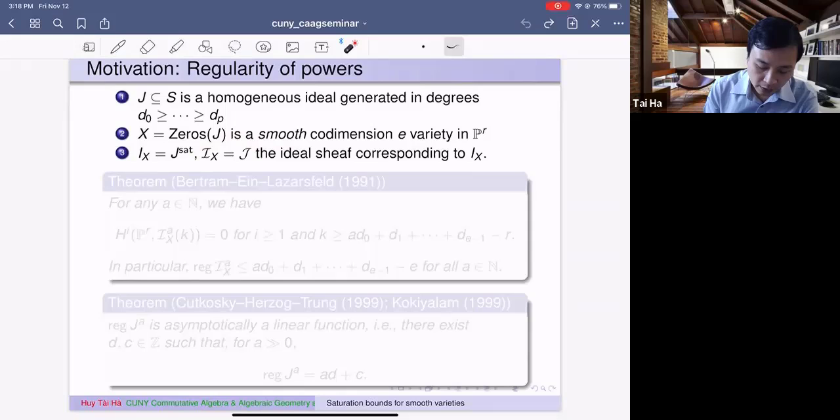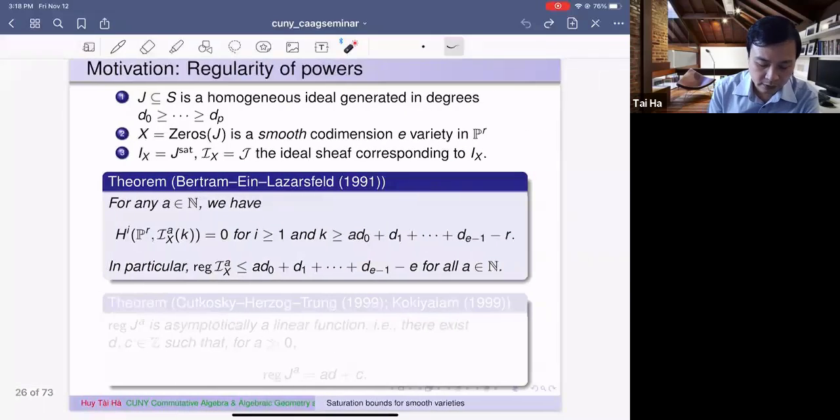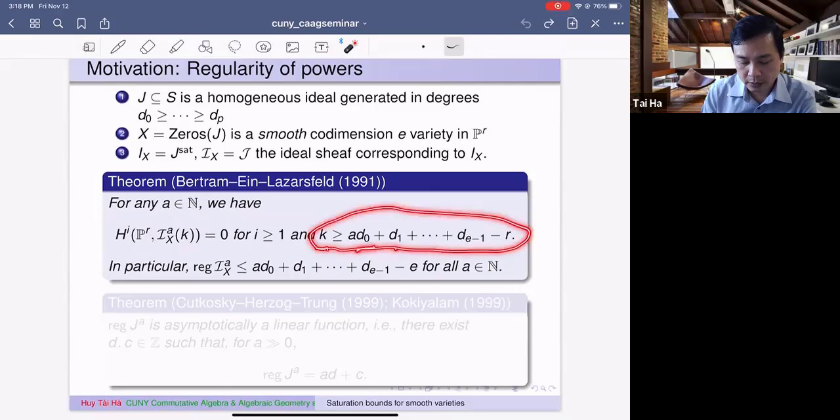So the motivations for the study of regularity of powers of ideals and of ideal sheaves come from a very nice result of Bertram, Ein, and Lazarsfeld in the 90s, in which they proved that under our setting here, the higher cohomology of the a-th power of the ideal sheaf of X twisted by k is always 0 for all k bigger than or equal to a(d0 + d1 + ... + d_{e-1}) - r.